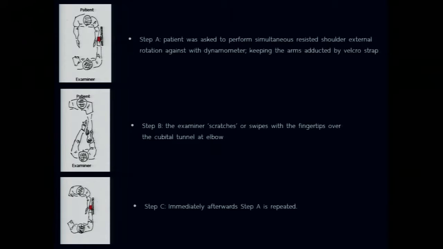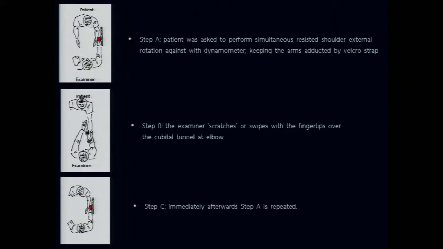Let me introduce how to perform the scratch collapse test. The patient faces the examiner with the arm adducted. The elbow is flexed about 90 degrees, with the hand outstretched and the wrist in neutral position. The body is against the wall.